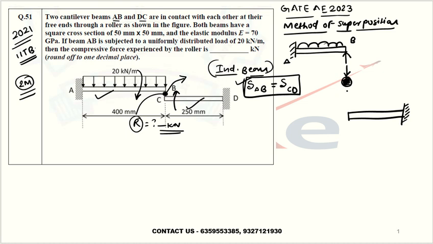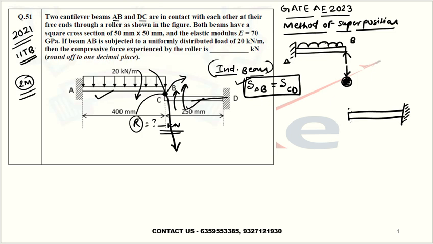Again, because of this 20 kilonewton load, the beam tries to deflect in this way, so the roller will experience a compressive load, and this beam will provide a reaction in this direction. So there will be one reaction.